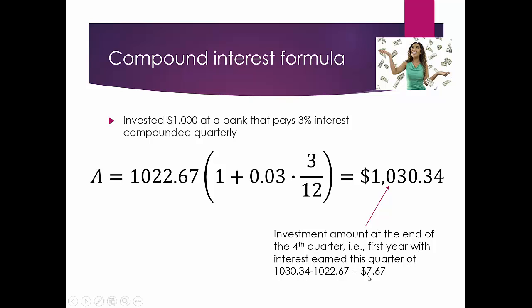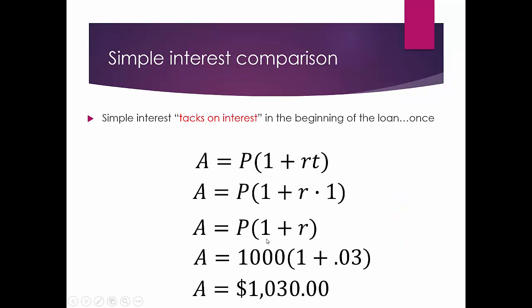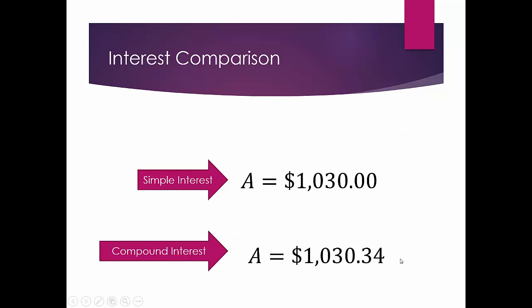And so we can see this changed a little bit. Where simple interest tacks on interest at the beginning of the loan once. So in other words, your time is just 1 because it gets tacked on right away. And as you can see, there's a little bit of difference between simple interest and compound interest.